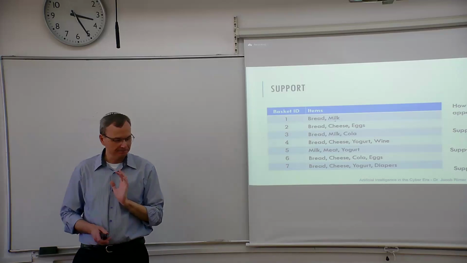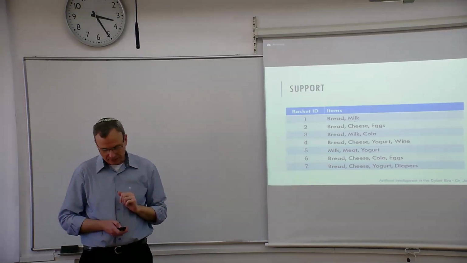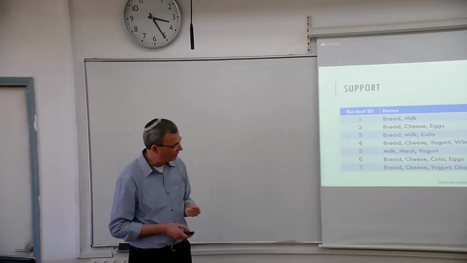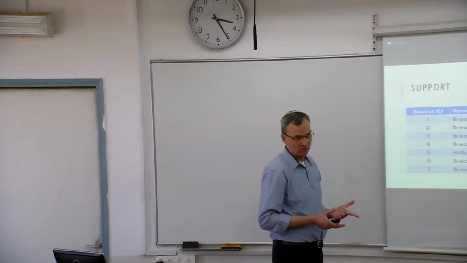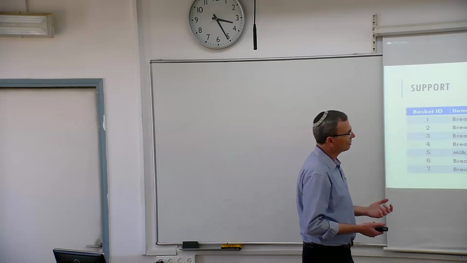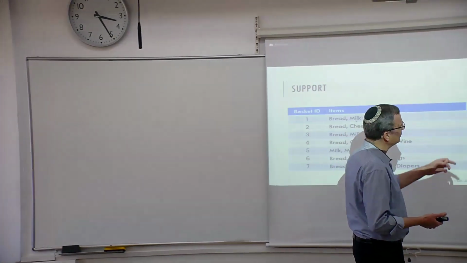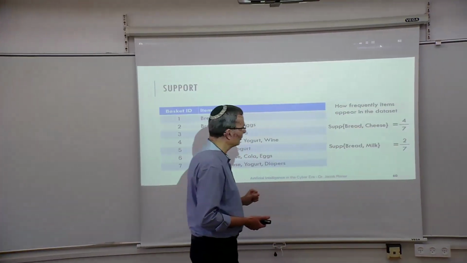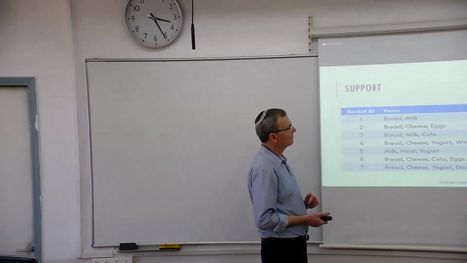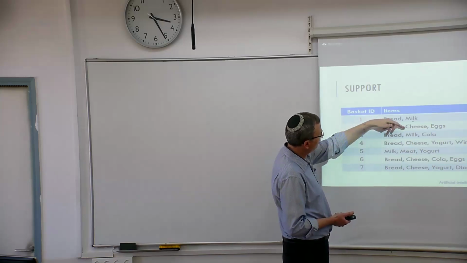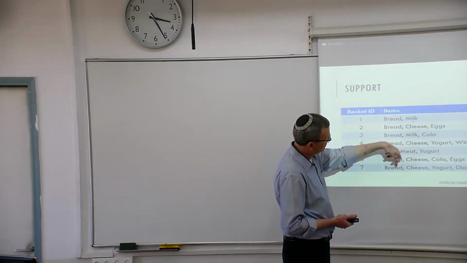This is the first definition. Now, it is more interesting to have, as I said before, support of 2 items, because we are looking for rules, not only for 1 item. So, what is the support of bread and cheese appearing together? Well, let's see. 4 out of 7: bread and cheese, bread and cheese, bread and cheese, bread and cheese.